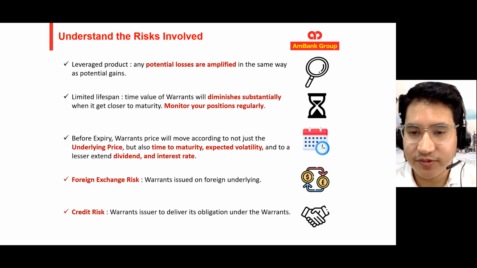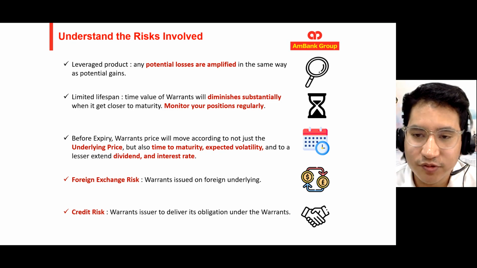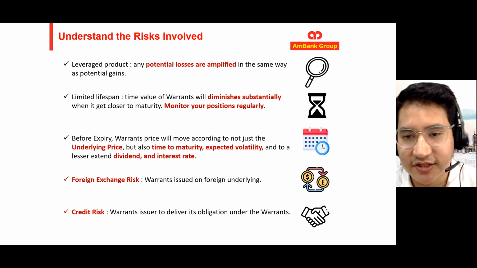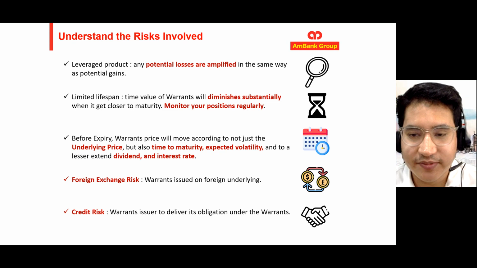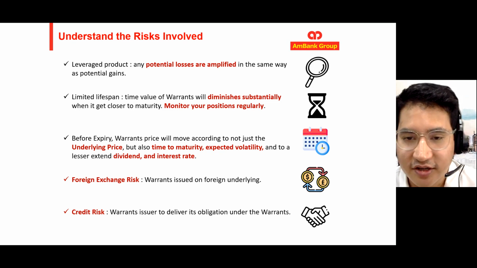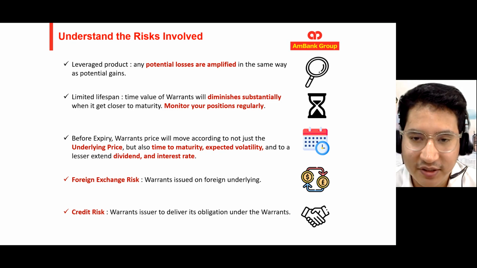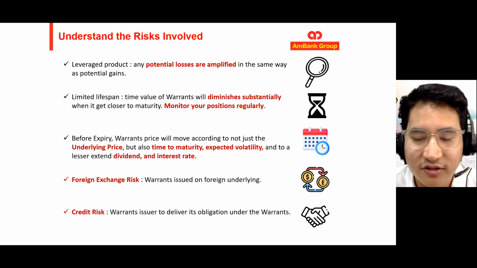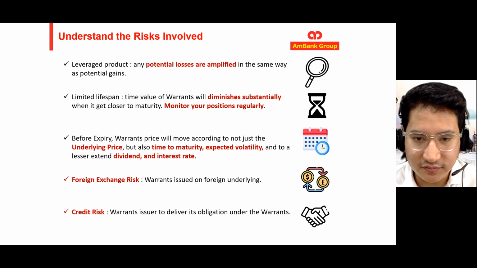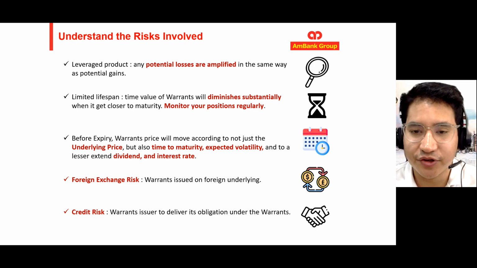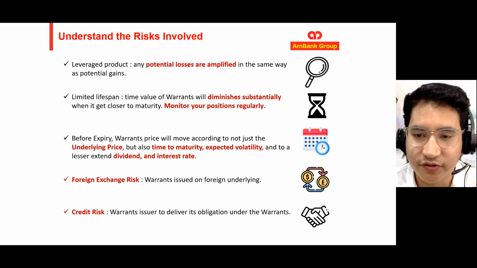Before expiry as well, the warrant's price will move according to not just the underlying price, but also, like I said, the time to maturity, expected volatility of the shares, and to a lesser extent, but not really a big issue, the dividends and the interest rates. And then these last two are the foreign exchange risk, which means that if we have any warrants issued on a foreign underlying, there will be FX risk to that.